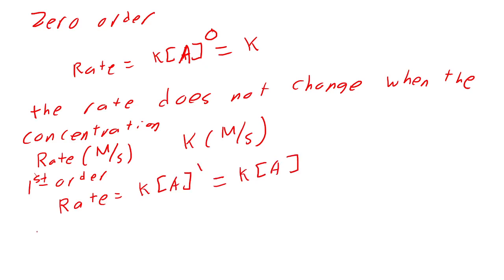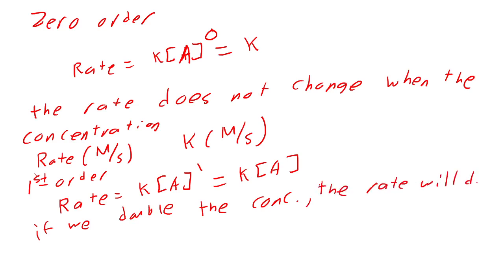Now here, what that means is if we double the concentration, we double the rate. What this means in general is that the rate changes at the same rate as the concentration.